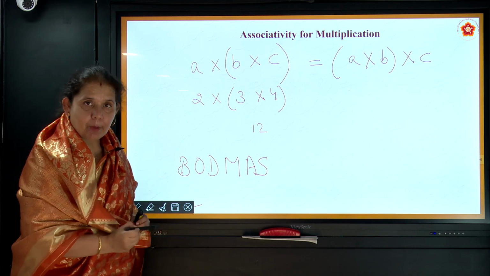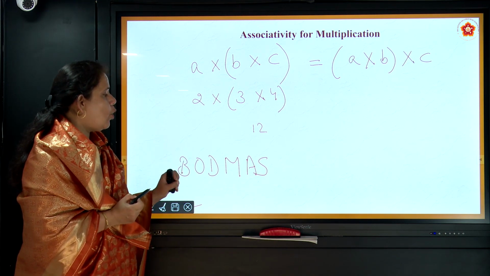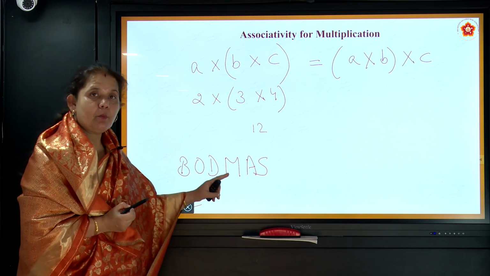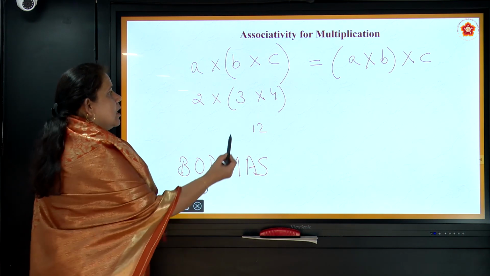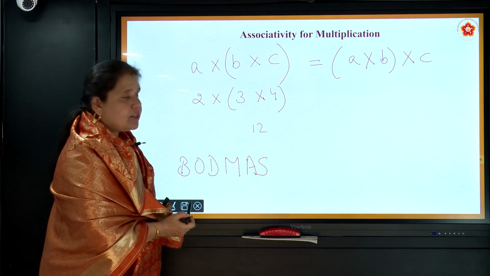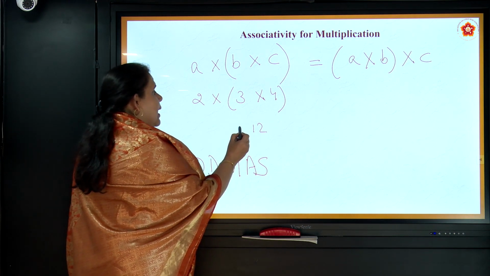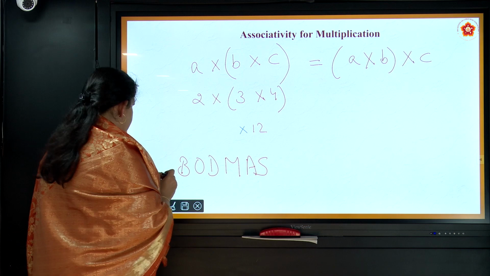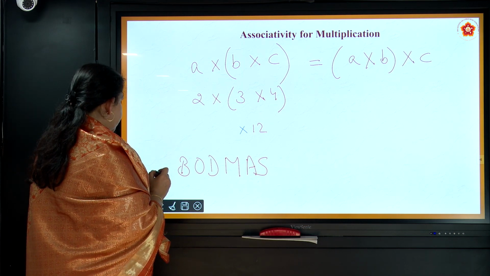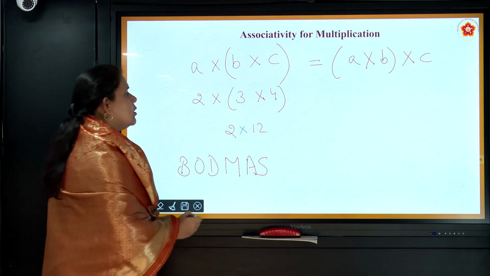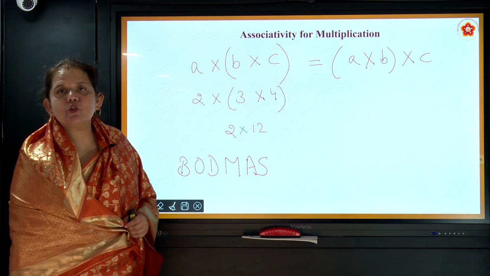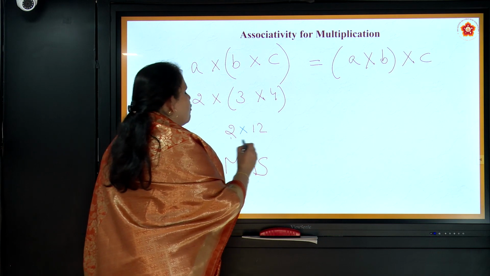First we have to solve the bracket, then of, division, multiplication, addition and subtraction. So first we are solving the bracket. 3 4s are 12 and the answer to that will be multiplied by 2. So we get 2 into 12. So answer is 24.